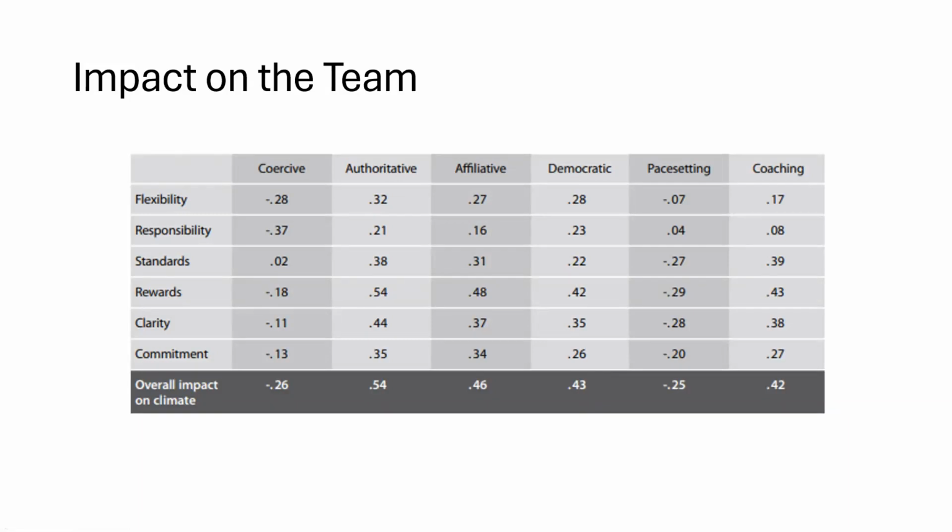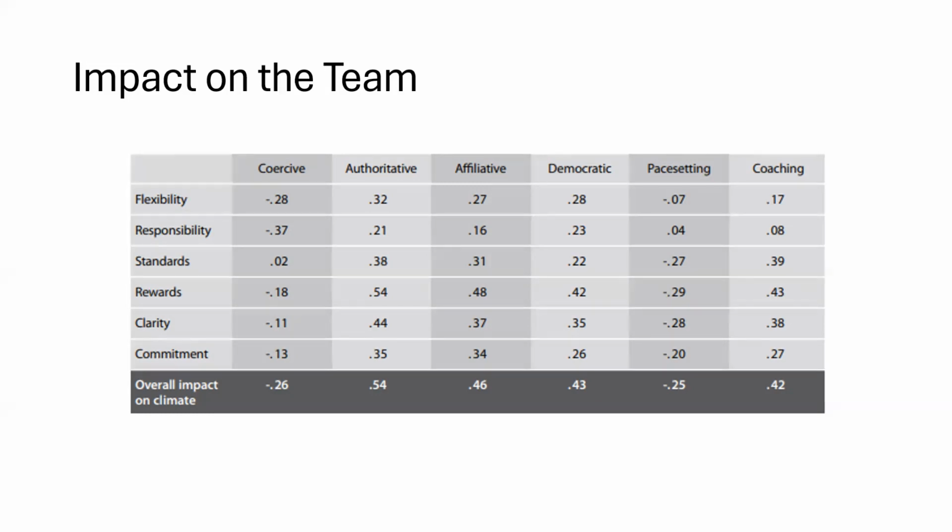There we go, 0.43. A significant gain in terms of all of these motivation factors. So we can see again from this study, democratic leadership has an overwhelmingly more positive impact on team climate, motivation and morale than the coercive style of leadership. So this could be something to discuss, couldn't it?